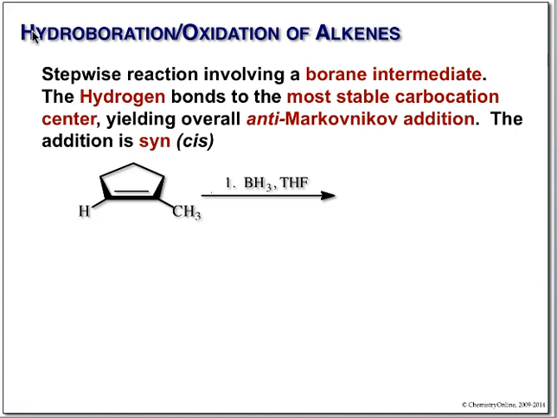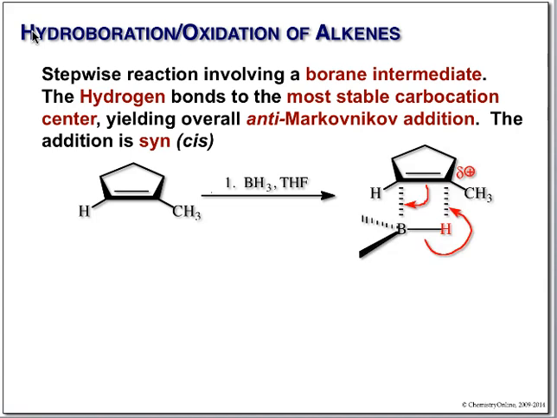Now the way this happens, it's a concerted reaction. The BH3, this boron-hydrogen bond, just comes and sits down on the pi system. Remember, think of the pi system as a big cloud of electrons. When it does, it's going to be slightly asymmetric, isn't it?